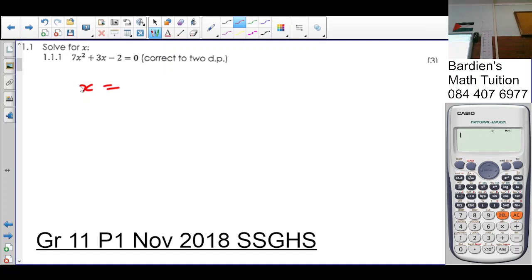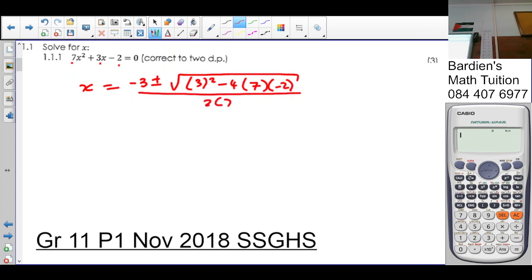Alright, so your a value is 7, b is 3 and c is minus 2. So minus 3 plus minus the square root of 3 squared minus 4ac over 2a. Okay, so that gives us 7, 3 and negative 2.